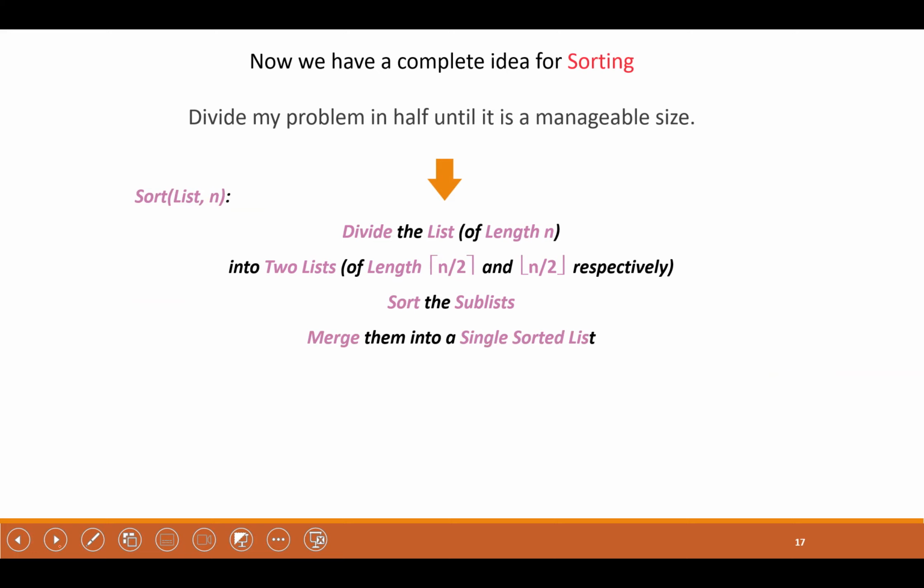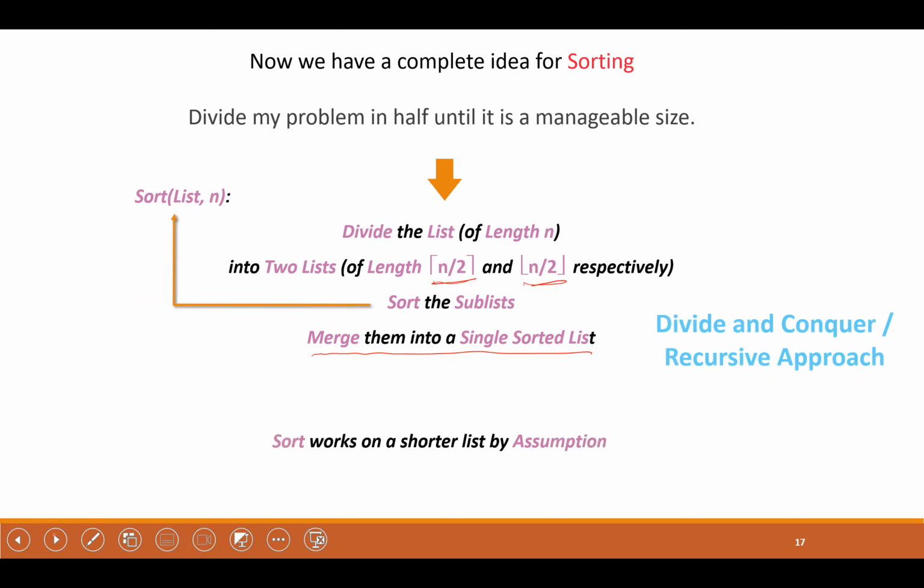And then by my inductive hypothesis, every time I make a sublist that has size less than n, I can assume that it gets sorted correctly as long as this merge step works correctly, which it does. We're not going to prove it, but we saw an algorithm that works. So we can actually sort things. So we have a divide and conquer recursive approach. All right, so this is the algorithm.